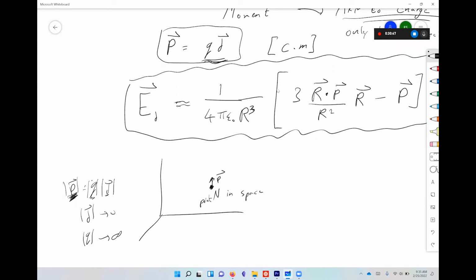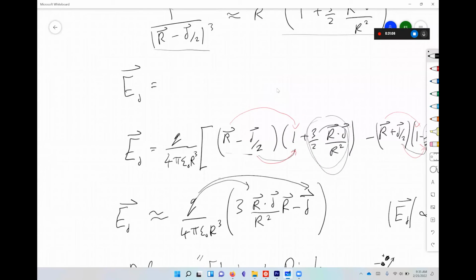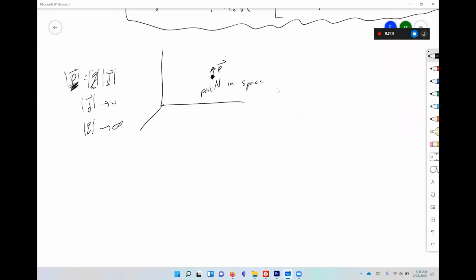So think of the electrical dipole moment as this sort of limit, where you want to take a dipole and consider it to be a point source, but it still has directionality to it. You imagine that the distance approaches 0 and the charge approaches infinity, such that the product of both still reaches a finite limit. And that finite limit is the electrical dipole moment. Okay, so what does the field look like?